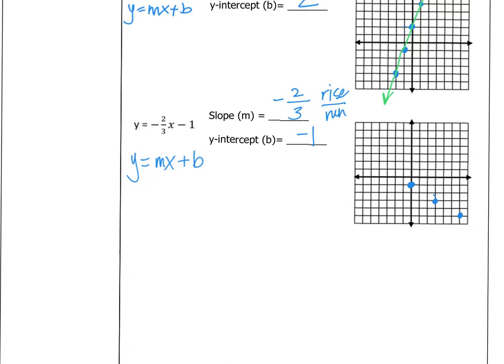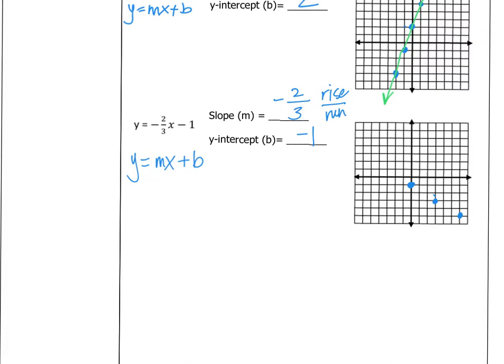However, if we want to add another point over to the left side, so on the other side of the y-axis, then what we would need to do in this case is go up 2 over to the left 3. So we're doing the opposite since we're going in that other direction.